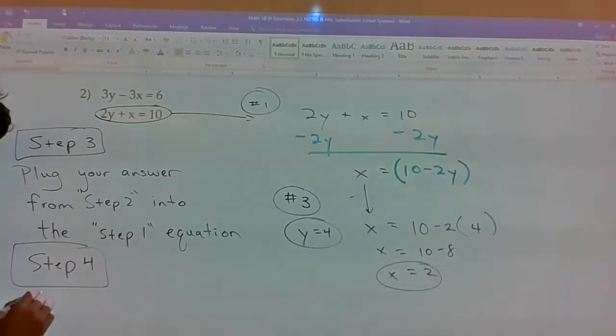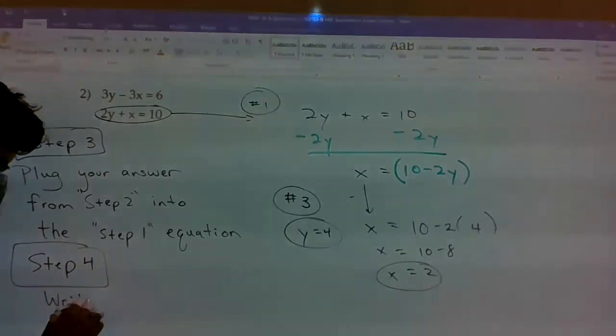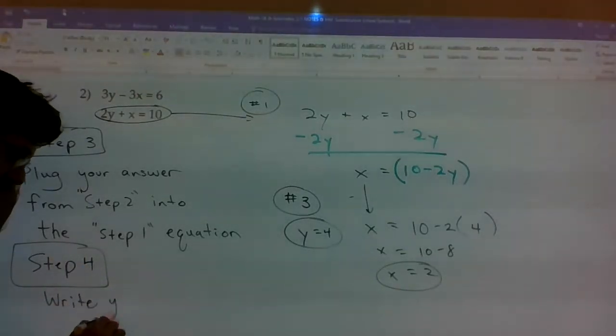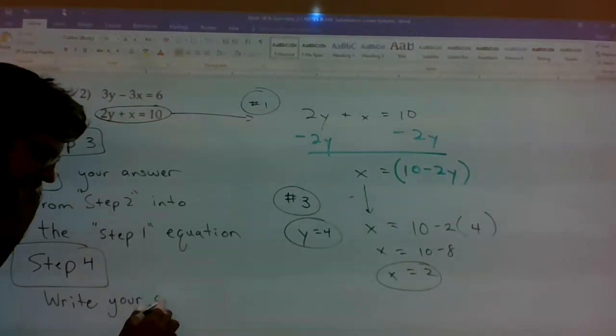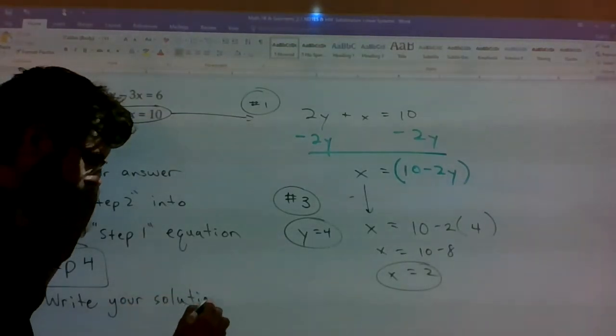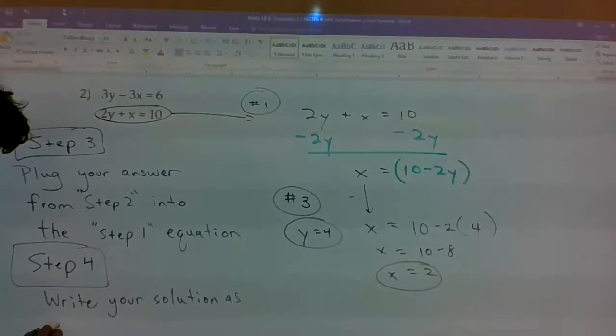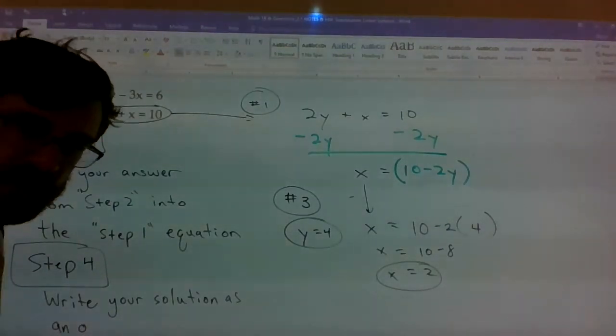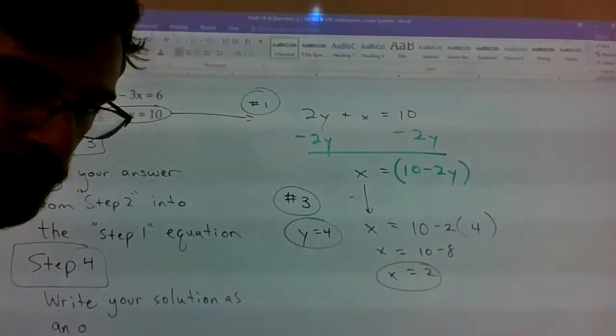Step 4, write your solution as an ordered pair. Can you guys see that? Kind of? Barely.